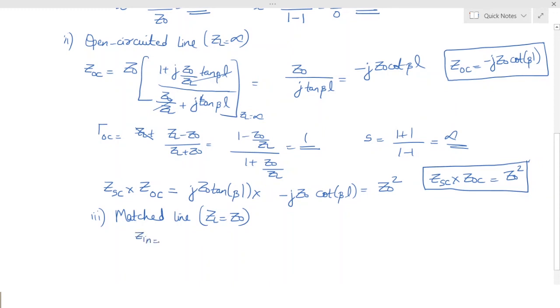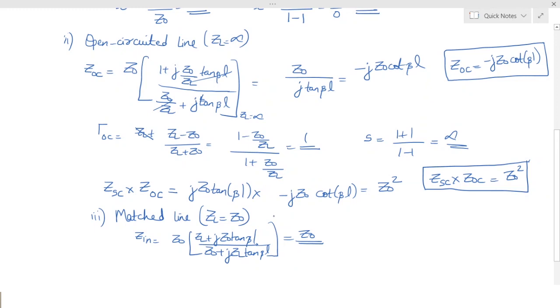Zin is equal to Z naught into ZL plus j Z naught tan beta L divided by Z naught plus j ZL tan beta L. This is the equation that we know. When this happens, both these terms will be the same because ZL and Z naught are equal. So both numerator and denominator are the same, and it becomes equal to Z naught. So corresponding to a matched line, input impedance and load impedance both will be equal to Z naught, which is characteristic impedance.